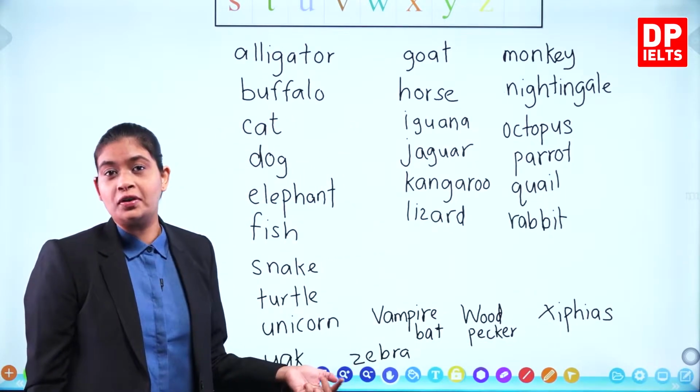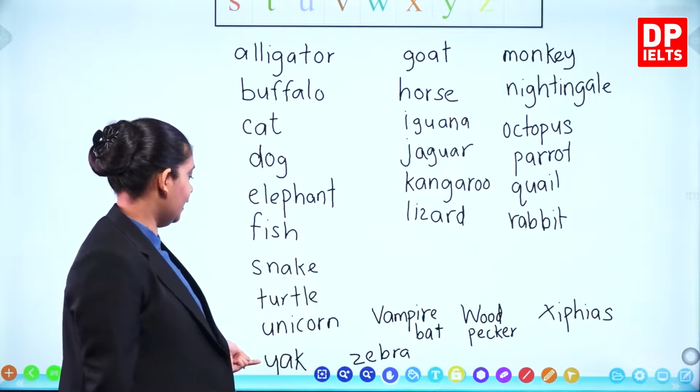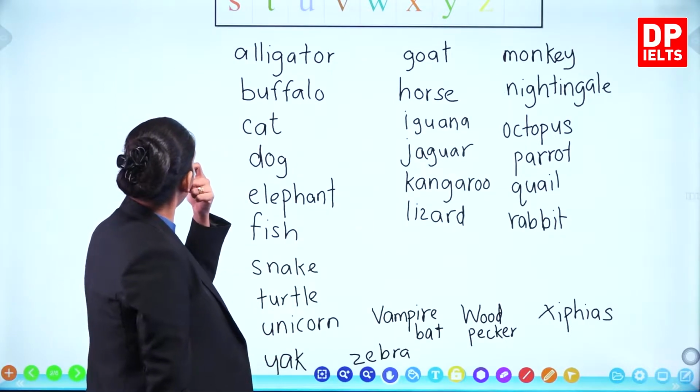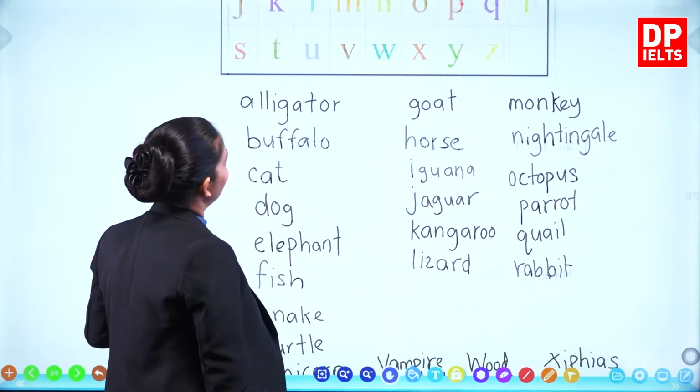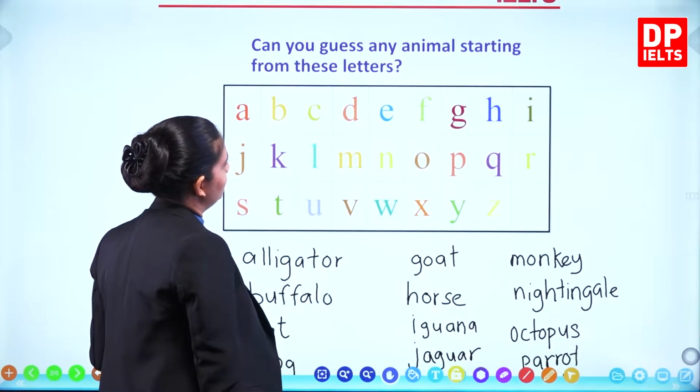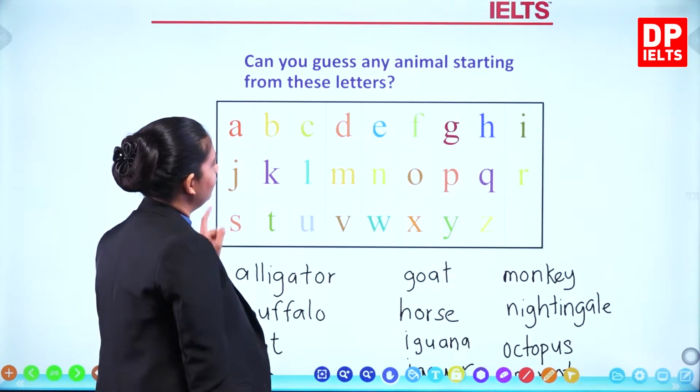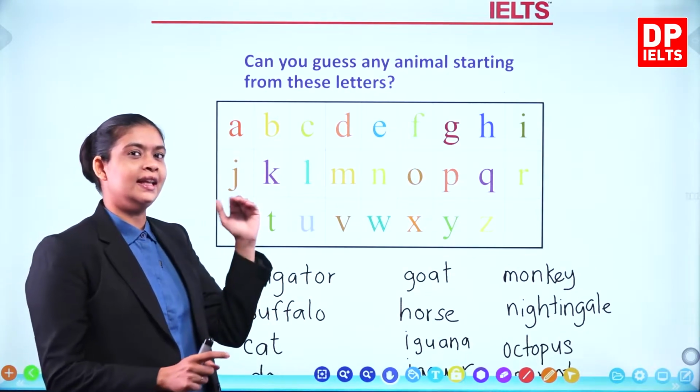It's known as the swordfish. Yak and zebra. Okay?